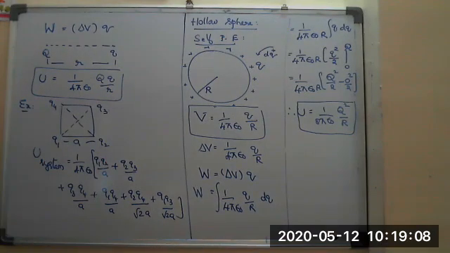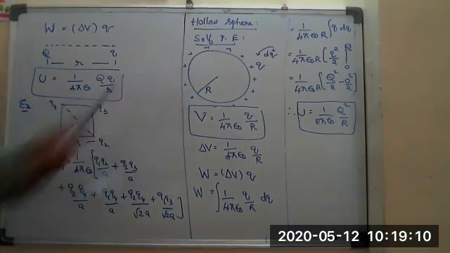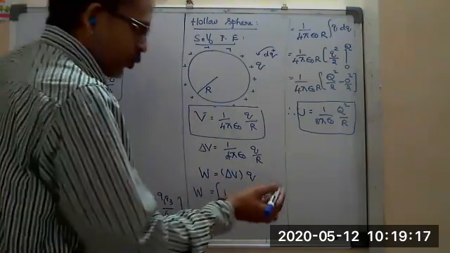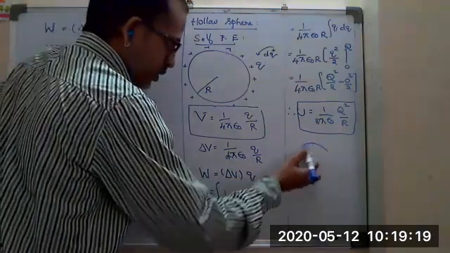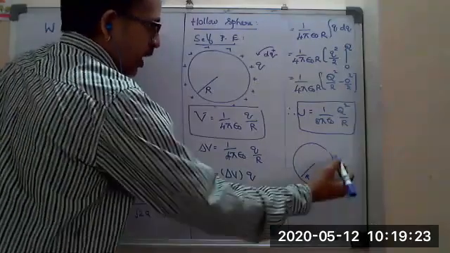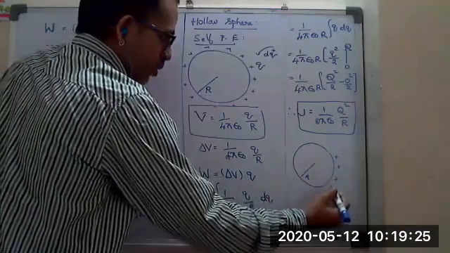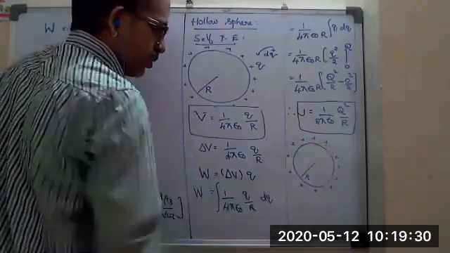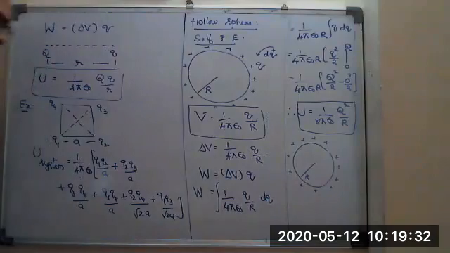And the advantage of learning this concept is, previously in one assignment I gave one question related to a soap bubble. Suppose this is one soap bubble of radius r, and you are giving some amount of charge to its surface. First, what happens?